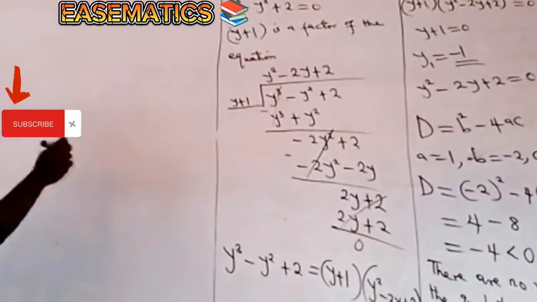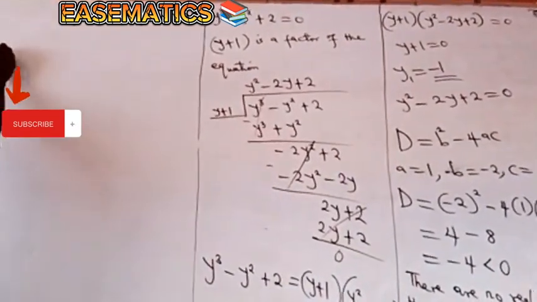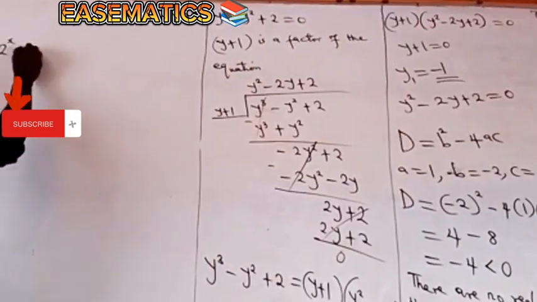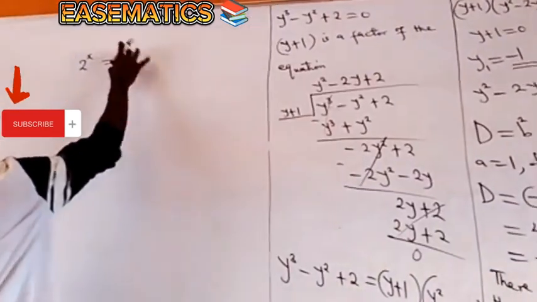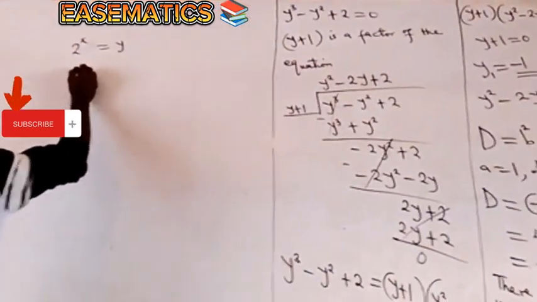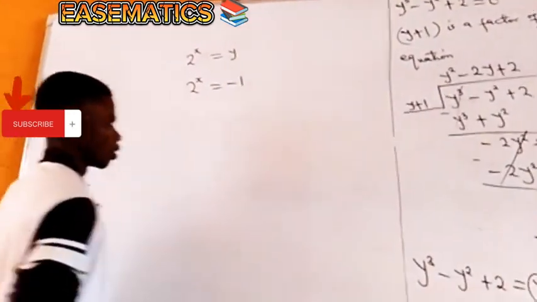Therefore, if we choose y to be equal to minus 1, substituting this into our equation 1, which says that 2 to the power of x is equal to y, substituting y as minus 1, we have 2 to the power of x is equal to minus 1.